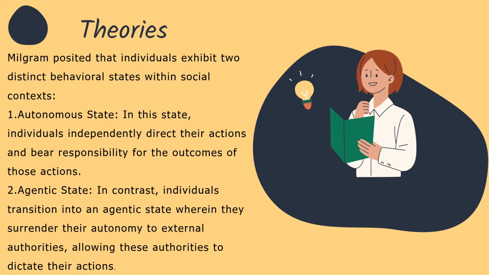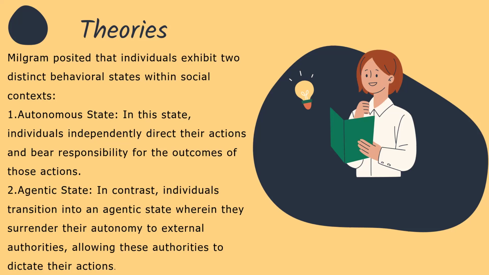Firstly, talking about social influence theory, this theory, proposed by psychologists such as Kelman, suggests that individuals are influenced by social norms, expectations, and behaviors of others. Milgram's study demonstrated how authority figures can exert significant influence over individuals, leading them to comply with commands even if they conflict with their personal values.